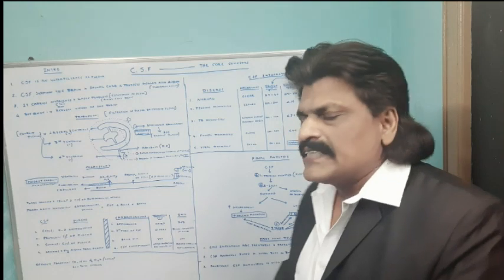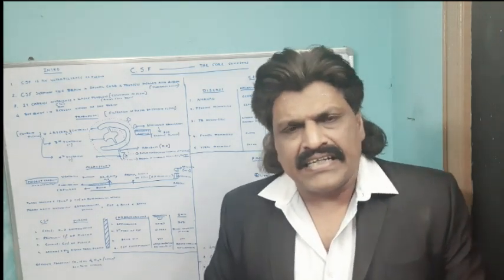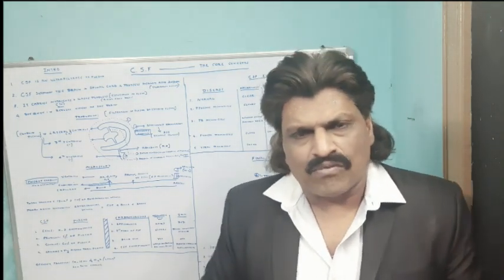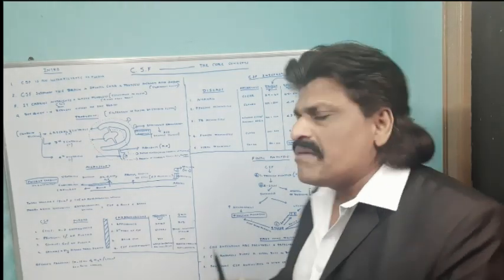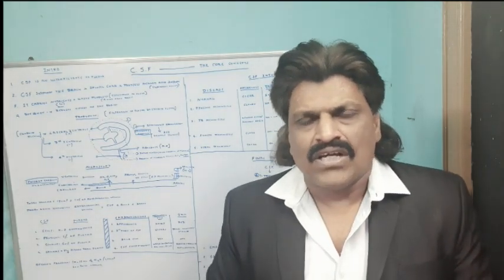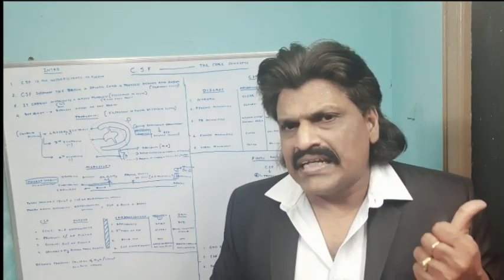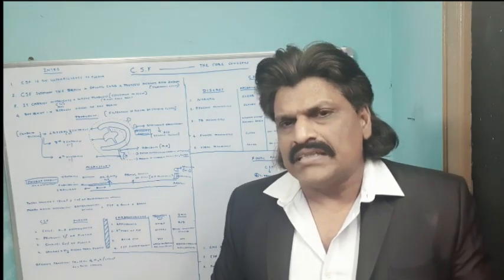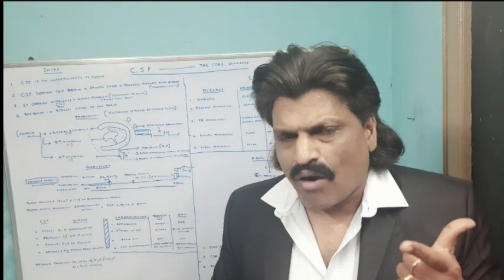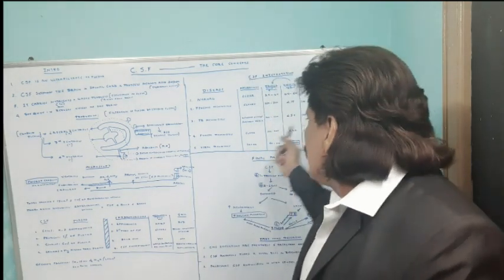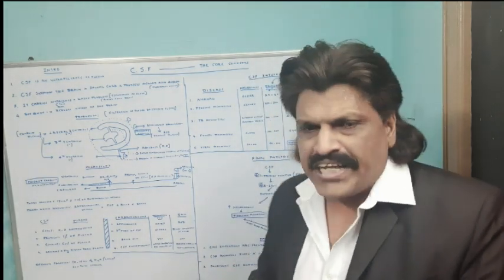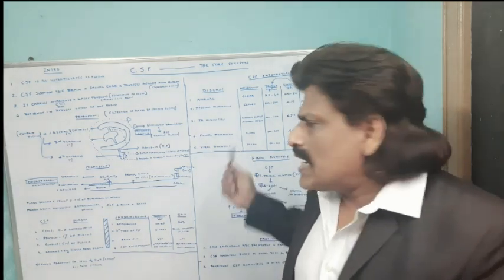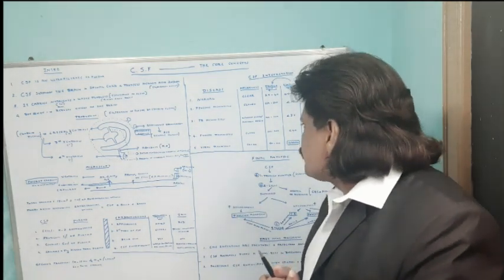In tuberculous meningitis, the cells are again increased, more than 100 to about 400, but this time all are lymphocytes. So in pyogenic meningitis, the cell increase is present, but it is polymorphs. In tuberculous meningitis, it is lymphocytes. Very important point. And we can do AFB stain, TB PCR and TB culture.